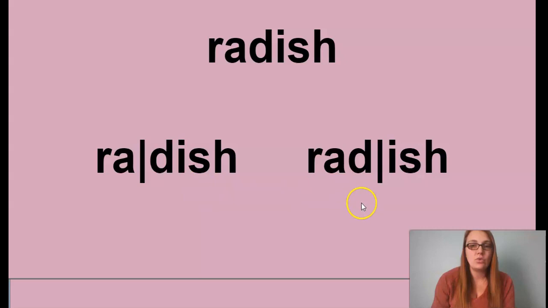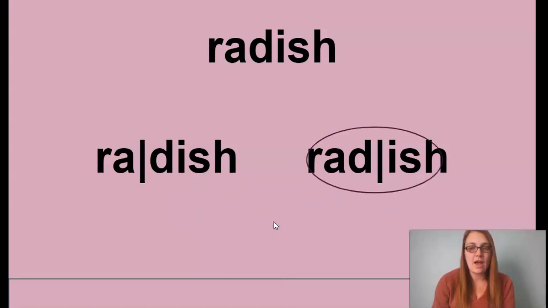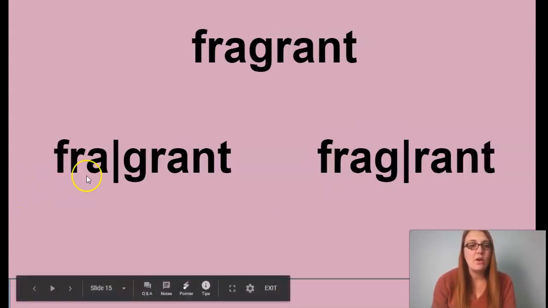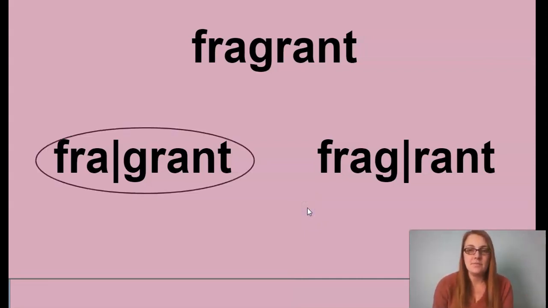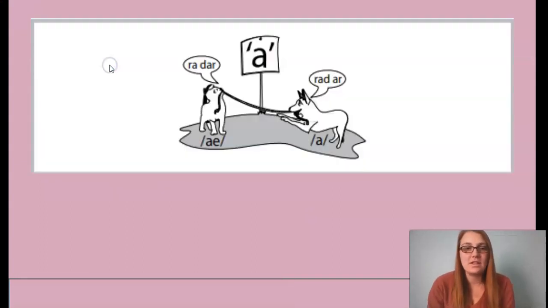Radish, radish. Good, a radish. It's a small kind of reddish vegetable. Now, fragrant. Okay, so the word is fragrant.